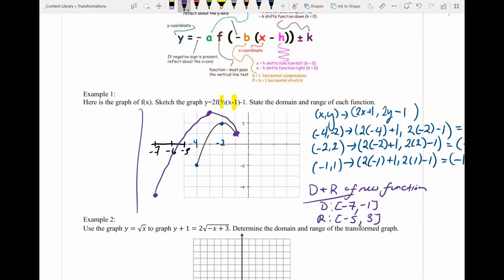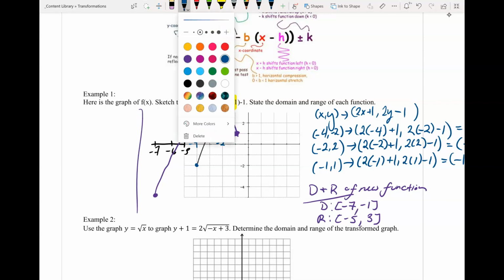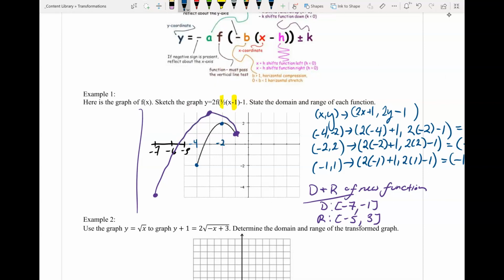Okay, so I'm going to describe this on the side here. We can say that there is a vertical stretch of 2, and that's coming from this one over here. Then we need to say that we have a horizontal stretch of 2.